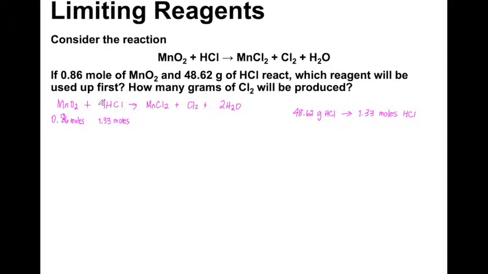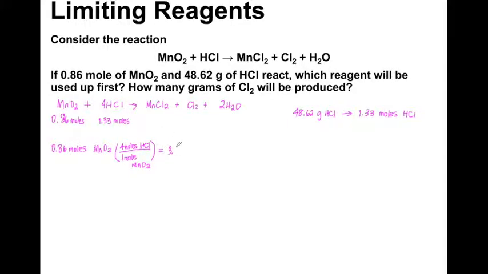One way to check is, if I have 0.86 moles of MnO2 or manganese dioxide, how many moles of hydrochloric acid is it stoichiometric with? So let's put the stoichiometric factor here. That's 1 mole MnO2 in the denominator and 4 moles of HCl in the numerator.